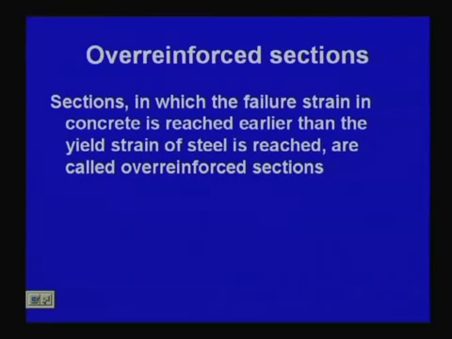Similarly, we have the other side also. Sections in which the failure strain in concrete is reached earlier than the yield strain of steel are called over reinforced sections. We have a balanced section when both have reached the strain simultaneously. Compared to the working stress method, where we consider the stress point of view, here we are considering the strain point of view, because we check the strain and then from the stress strain curve we get the corresponding stress.